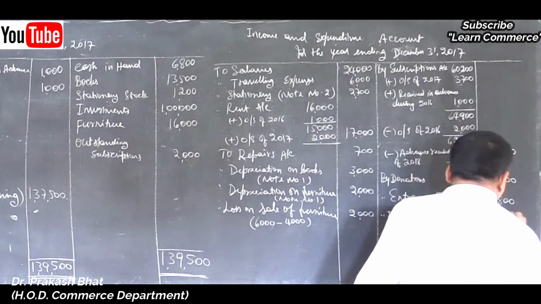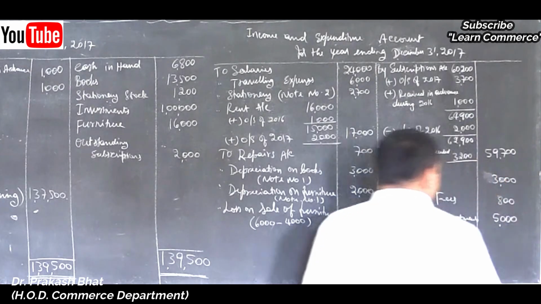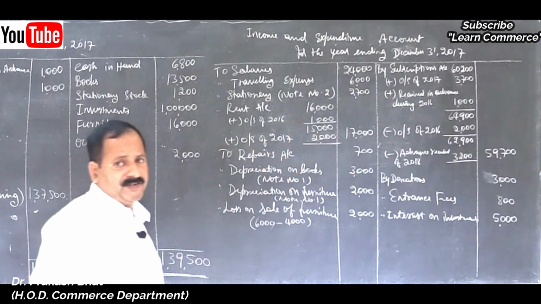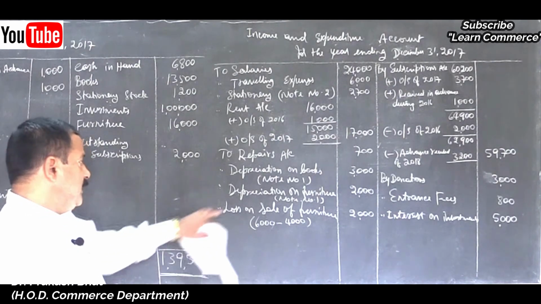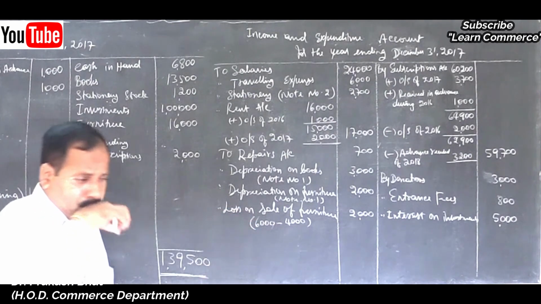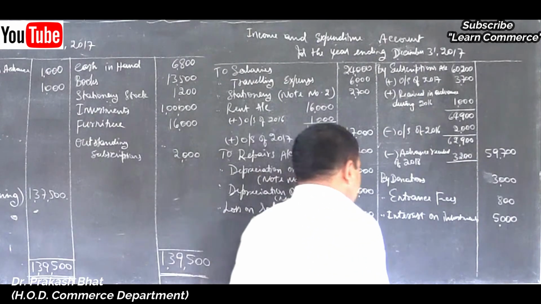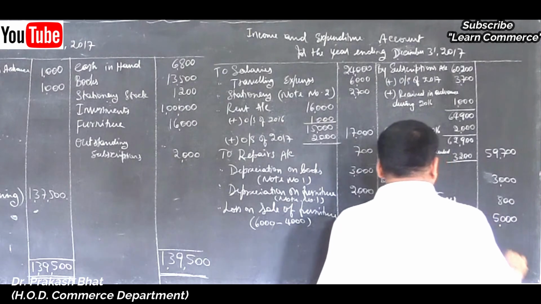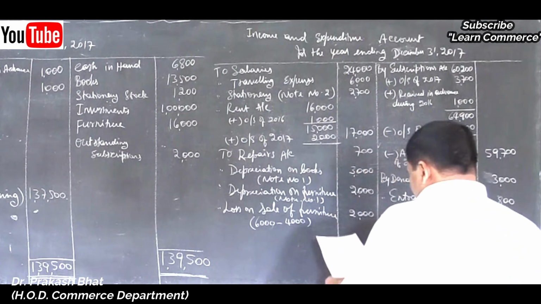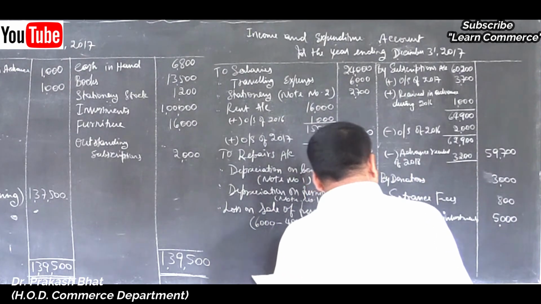Why are we not recording the sale of furniture amount? Because it is sale of asset. It will not come here. Loss only should be included here. And the amount received on sale should not be shown here. It should be deducted from the concerned asset in the balance sheet.